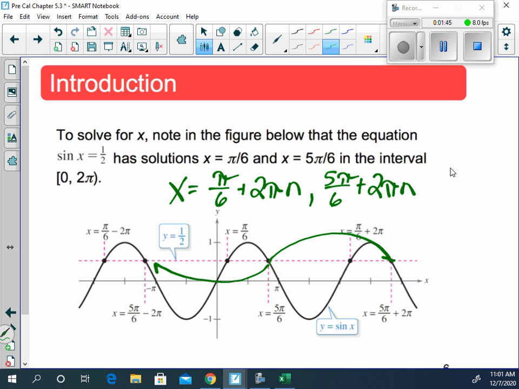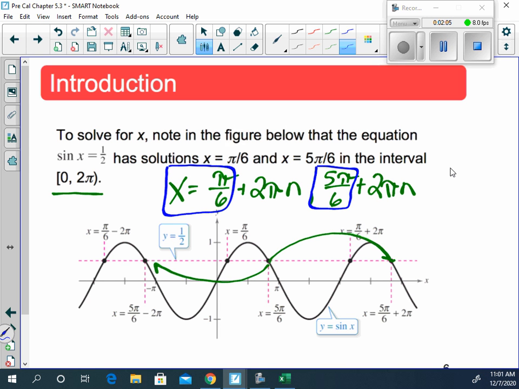Now, if it just asks for the solution on the interval from 0 to 2 pi, then it changes our answer to just this and this, because those are on the interval from 0 to 2 pi.